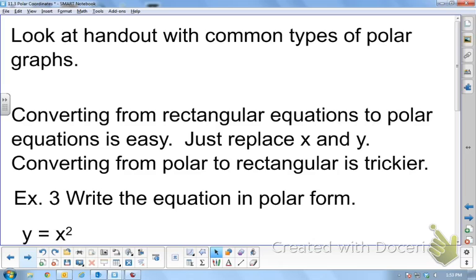So these are some common polar curves that you should familiarize yourself with so that they're not so unexpected on the AP test. We have the rose curves, circles, and on the other side, limacon curves. I have no idea how to say that, honestly. It kind of looks like a lima bean.